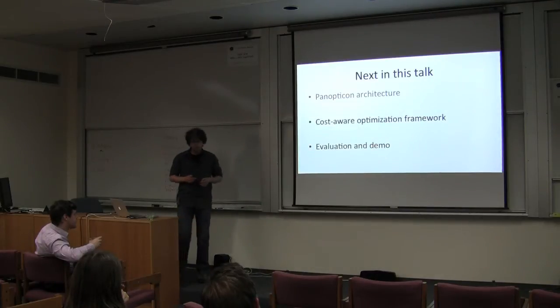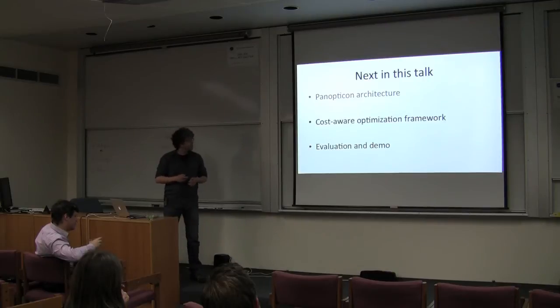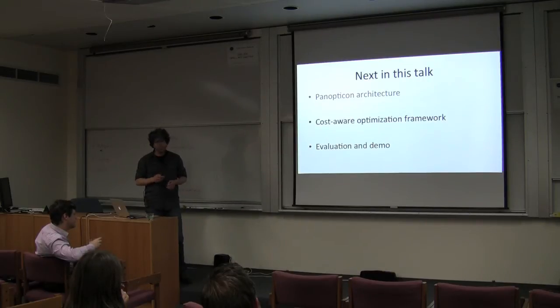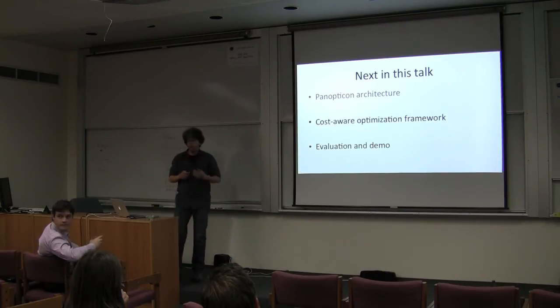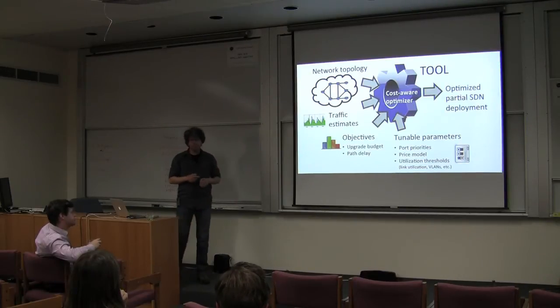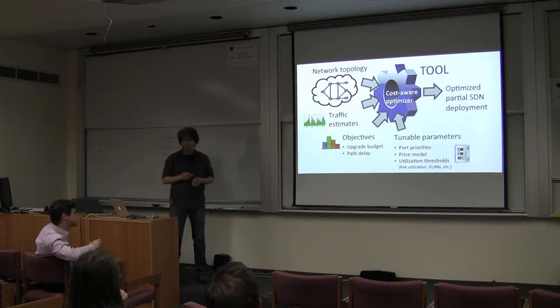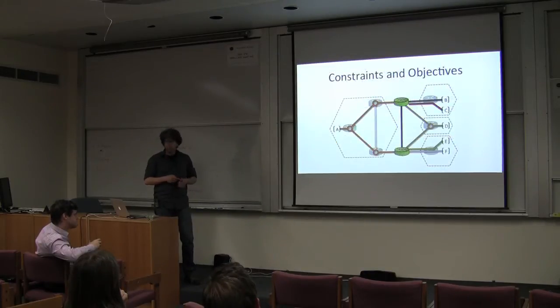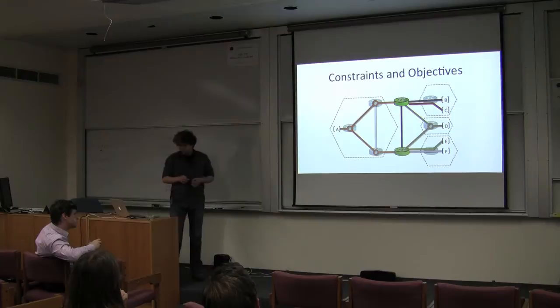Okay, so I've gone through the network architecture of Panopticon. Next, I'm going to dive into the cost-aware optimization framework, so how we actually choose which switches to upgrade. You'll remember that I showed this slide that has all of the inputs and the parameters that we get to choose, and it spits out a set of switches that we want to upgrade. So let me go into what the constraints and objectives actually are.